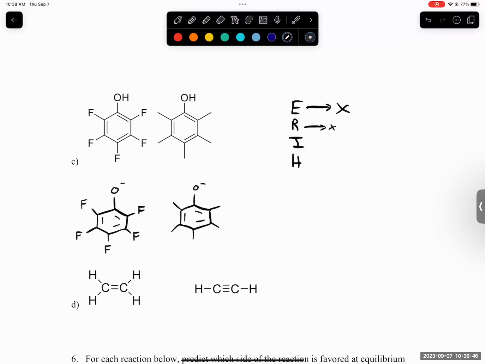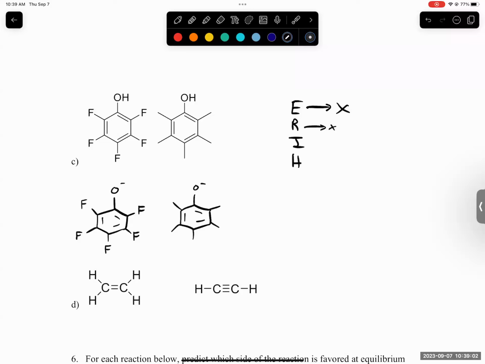All right, so the one on the left has fluorines, so it has the inductive effect. Therefore, it's going to be more stable than the other one that doesn't have the fluorines.